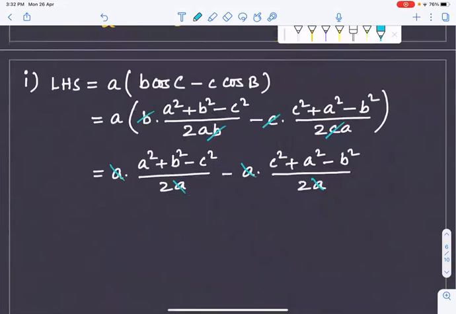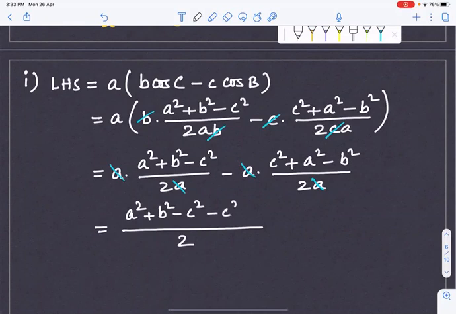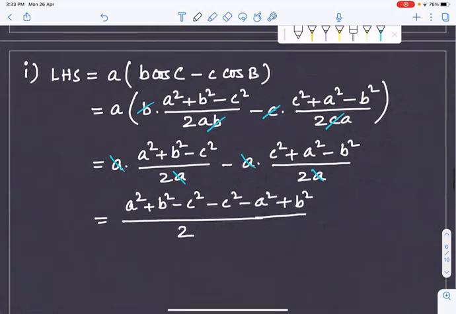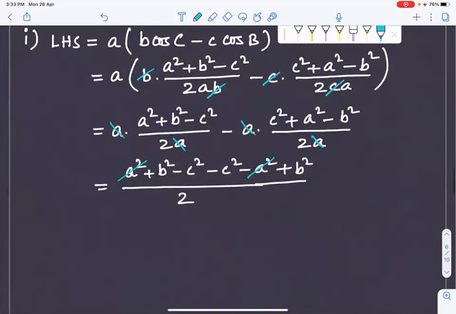So therefore we are having a 2 in the denominator, and I can take that as LCM, and then after that I will be getting A square plus B square minus C square, and we are having minus C square minus A square plus B square from here. And we see that some terms are getting cancelled, like this A square with this minus A square is cancelled and nothing else.